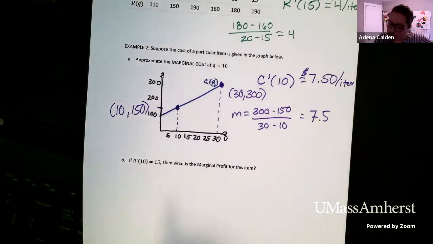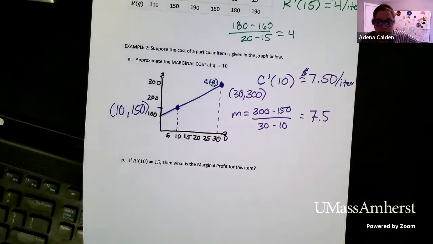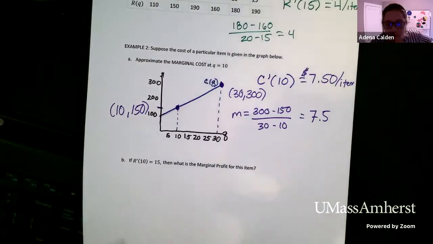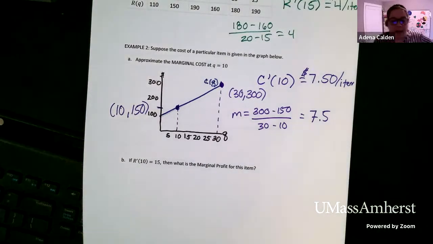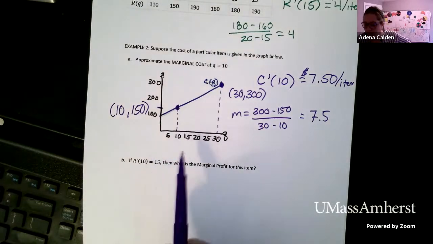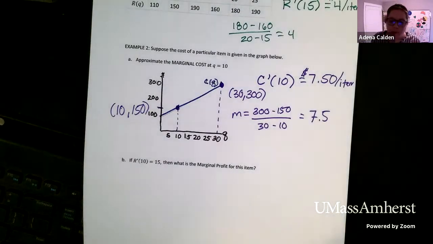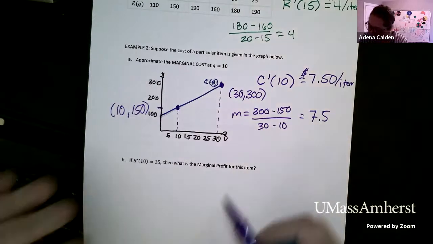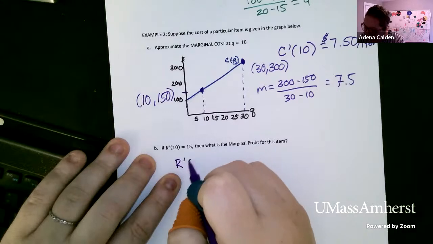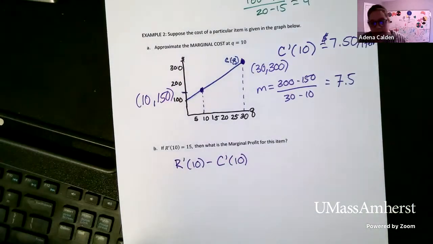Now for part B, we're told that the marginal revenue at 10 items is $15. That means if I sell one additional item, the revenue I would take in would be $15. To go from 10 items to 11 items, I would take in an additional $15. The marginal profit is the marginal revenue minus the marginal cost at the same level.